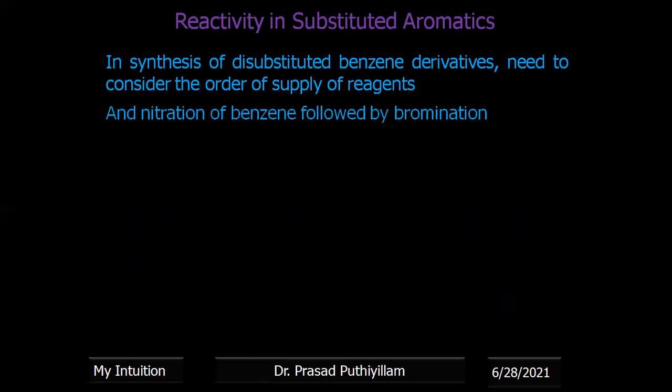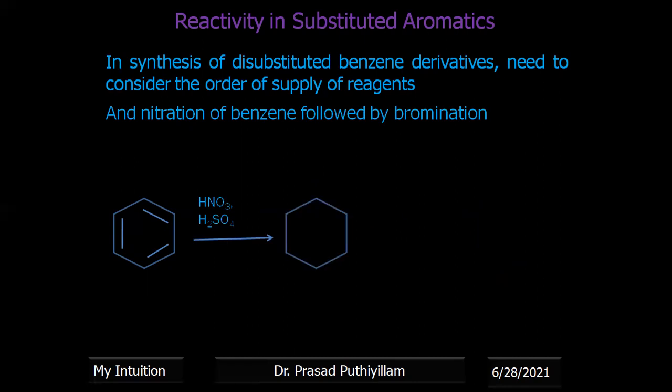If we reverse this, nitration of benzene followed by bromination: initially the benzene on nitrating mixture, at around 25 degrees Celsius, gives nitrobenzene. Now nitrobenzene is reacted with bromine in the presence of FeBr3, a bromination reaction.